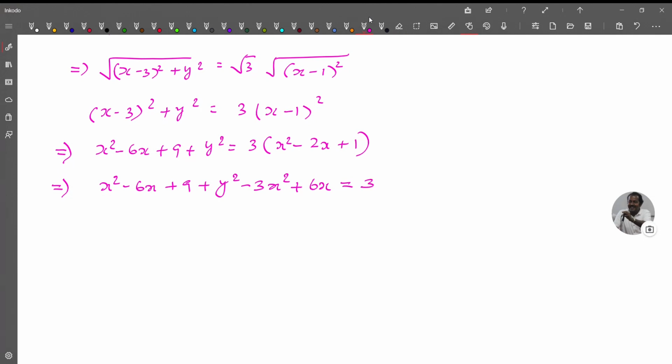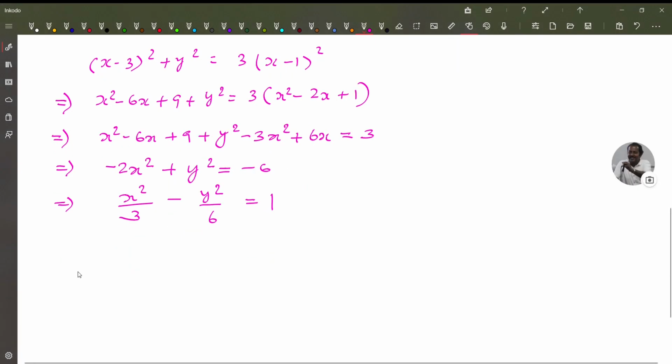This implies minus 2x square, 6x cancels, plus y square equal to minus 6. So this implies x square divided by 3 minus y square divided by 6 equal to 1. So which is the required equation.